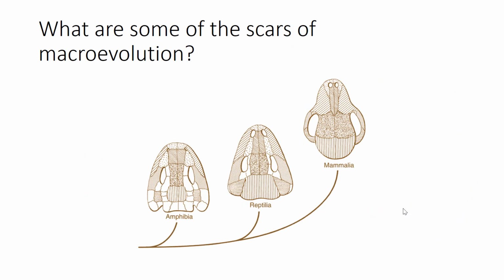So one thing we mentioned in a previous class is that an interventionist view tends to hold that the original forms are more complex, and then as you develop and as you speciate and the organisms specialize, you're going to lose a lot of that variation, some of that complexity. And what's interesting is as you look through vertebrates and as you move from what are considered the more primitive vertebrates from a macroevolutionary view to the more derived vertebrates, you see a reduction in the skeleton, the number of bones making up the skeleton.